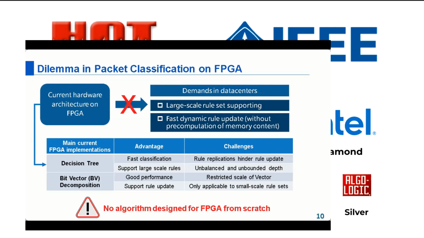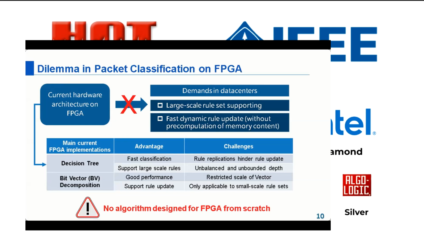The dynamic rule update means without pre-computation of memory content. The major current FPGA implementations include two types, which are decision tree-based and decomposition-based methods. The decision tree-based designs have a fast classification speed, and they support large-scale rule set.